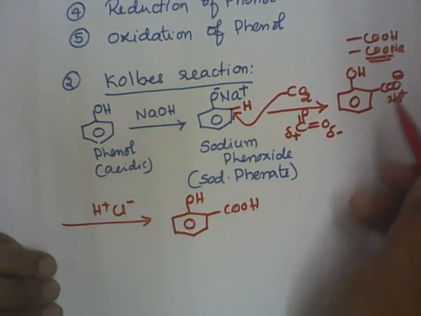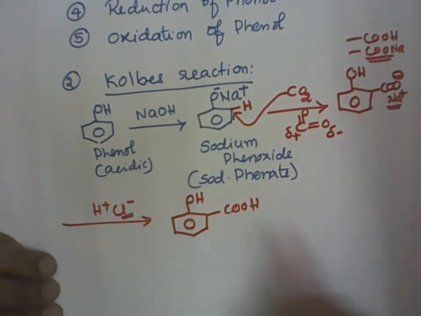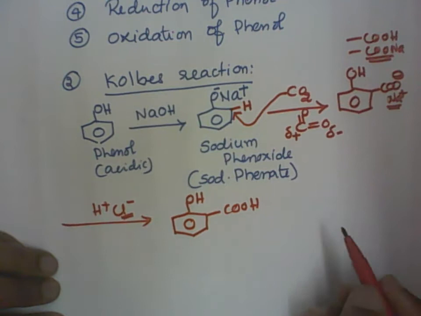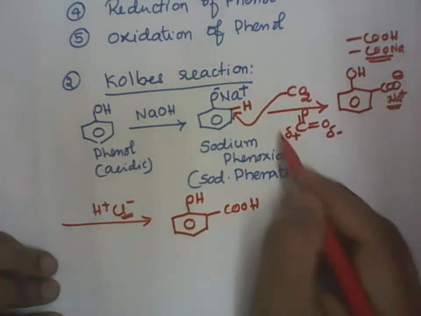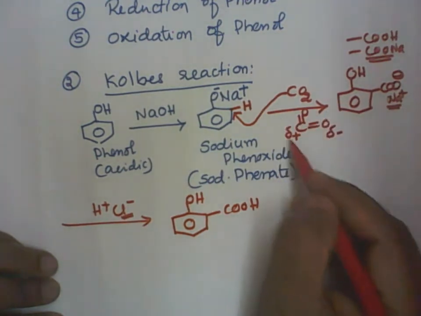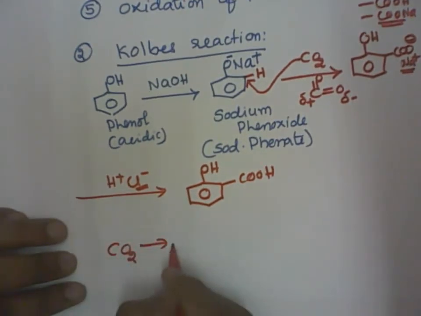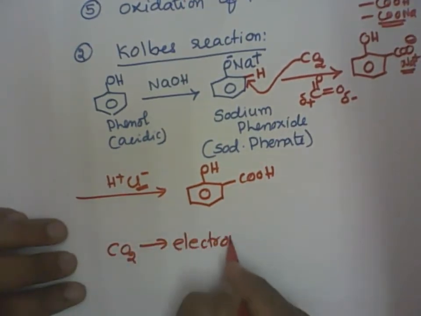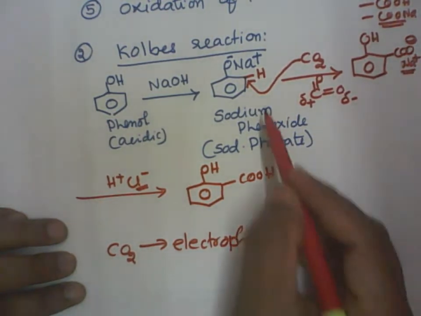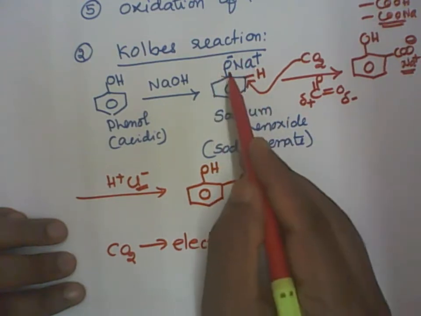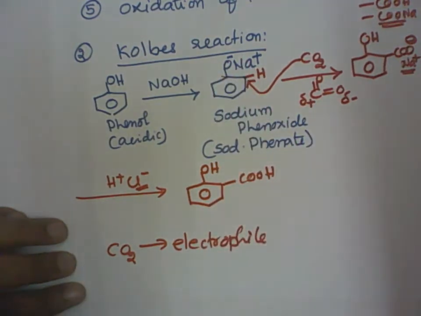The side product will be sodium chloride, Na plus Cl minus. So I will not be writing that side product now. Correct? Now here in this case, CO2 is the electrophile. CO2 acts as the electrophile, and the O minus negatively charged species acts as the nucleophile and attacks the electrophile.